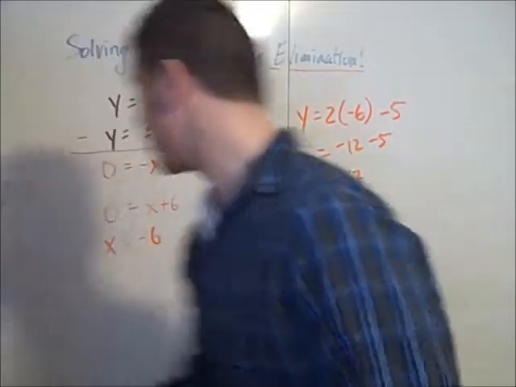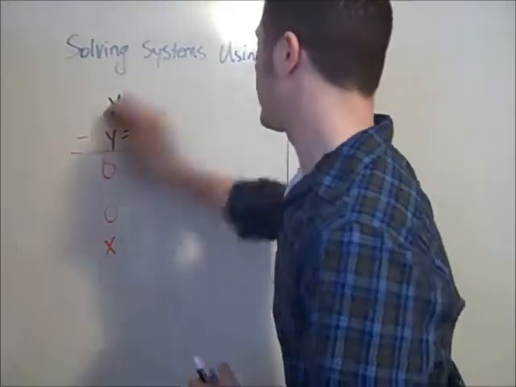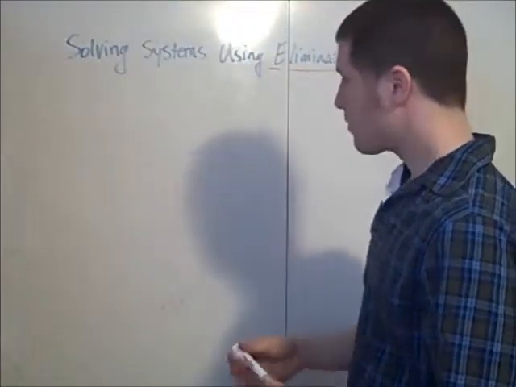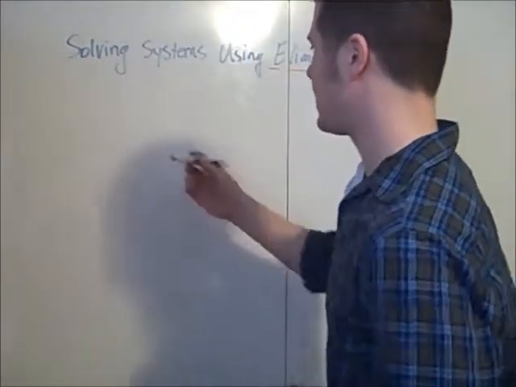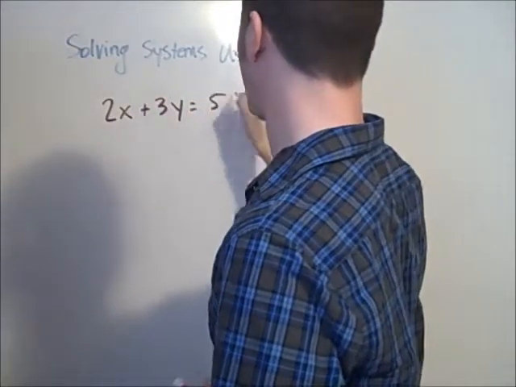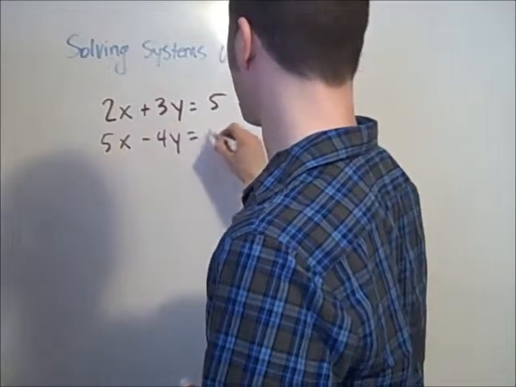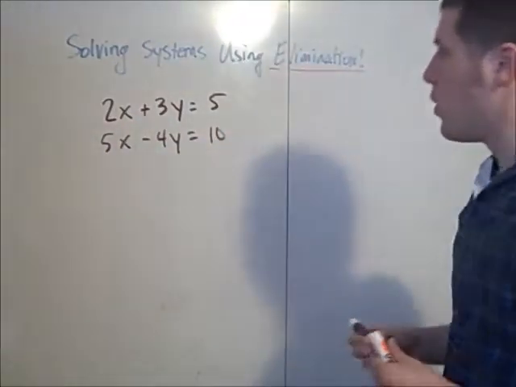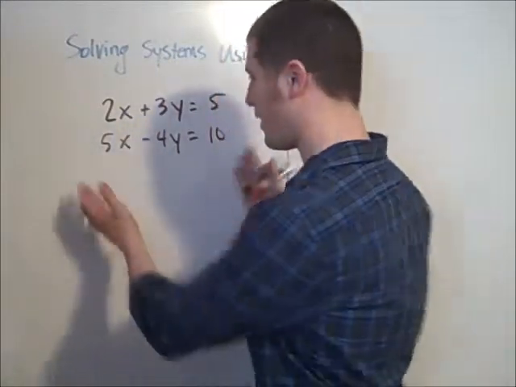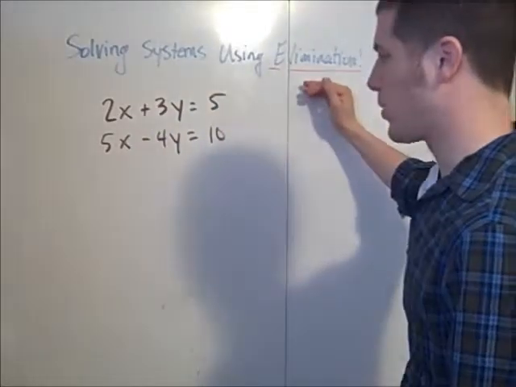It can be more difficult if we have to do some work to eliminate a variable. So what if our system instead said something like 2x plus 3y is equal to 5 and 5x minus 4y is equal to 10, something like this. Well, we can't just subtract equations or add equations at this point, because if we do, no elimination is going to occur.